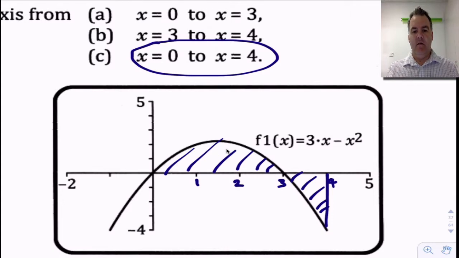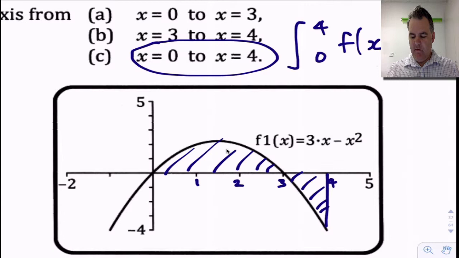That doesn't make sense. So if we just do the integral from 4 to 0 of this function, do the antiderivative, substitute 4 in, substitute 0 in, we will get the completely wrong answer. And there's a reason for that. The formula will calculate this area here as being positive, this area here as negative, and add those two together.